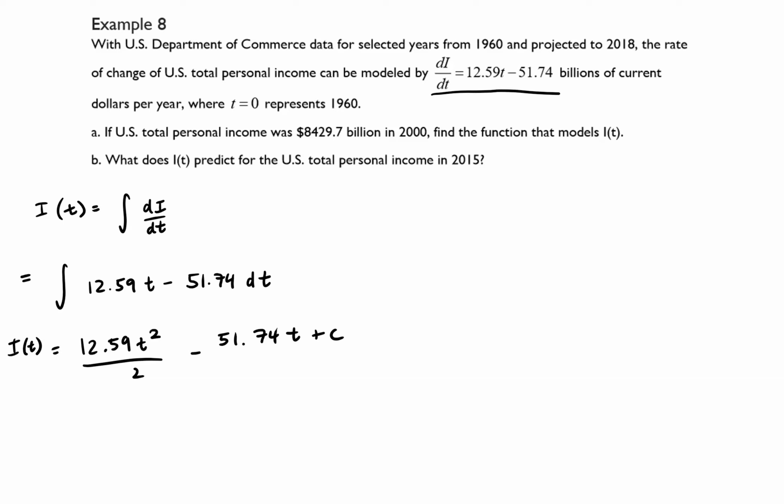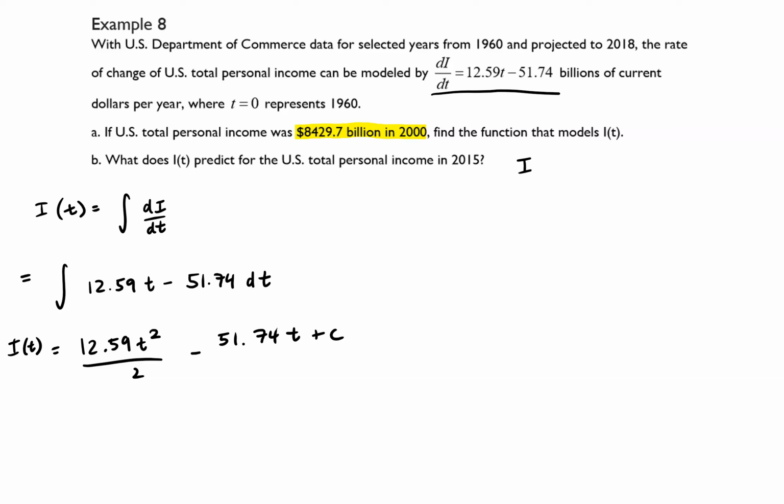Okay, now, again, kind of like the last example, we need to figure out what our constant of integration is, and we need to rely on the fact that in the year 2000, there was $8,429.7 billion. And what that tells us is 2000 is 40 years after 1960.